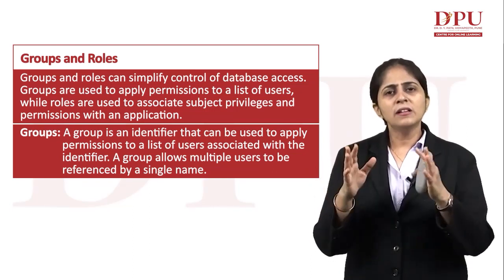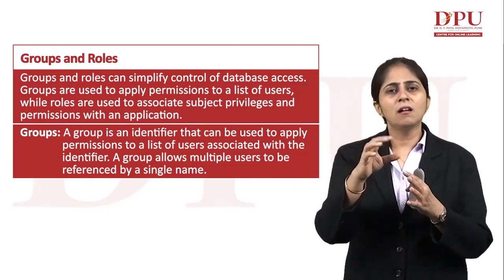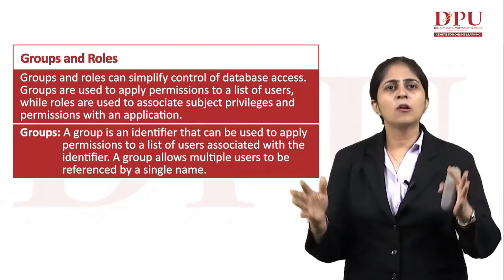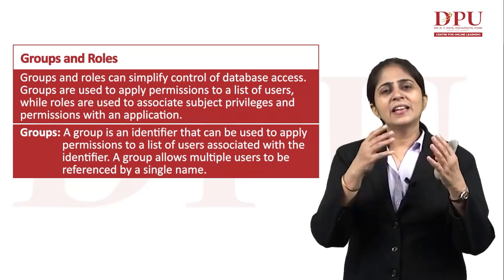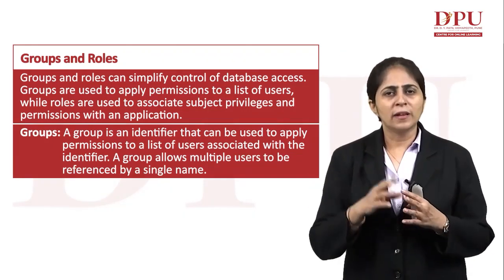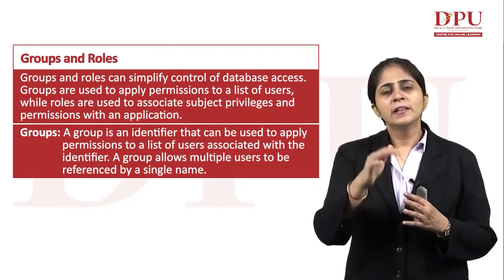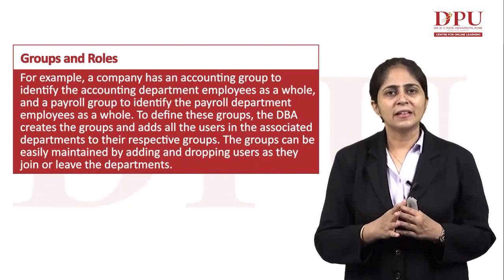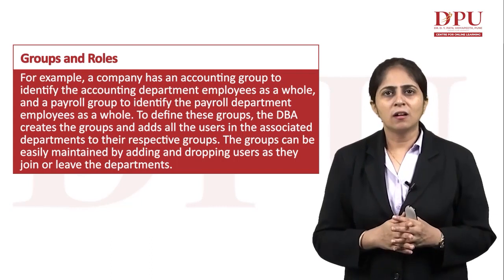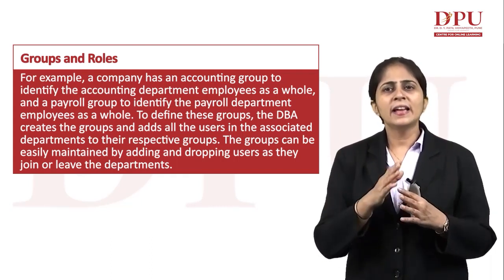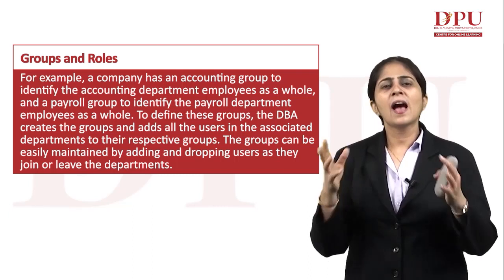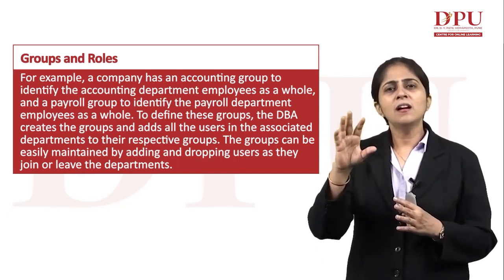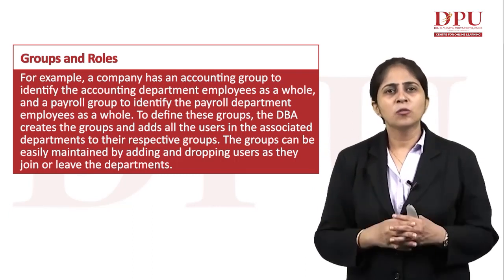So that is why, instead of providing them single credentials, instead of providing them single authorities, we make a whole group of them, and they can be identified using that group. If they are part of that particular group, they can access these resources. For example, a company has an accounting group to identify the accounting department employees as a whole, and a payroll group to identify the payroll department employees as a whole.